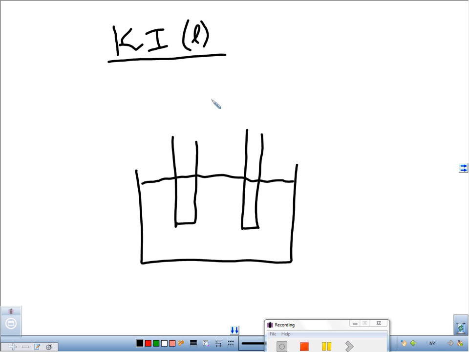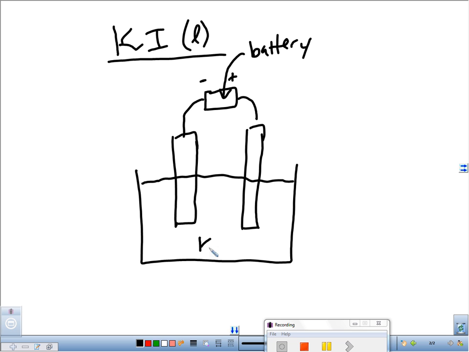And I'm going to have a little battery source, where one side is positive and one side is negative. That's a battery. And I'm going to hook up wires to these little electrodes. And in here, I've got some potassium ions and I've got some iodide ions.